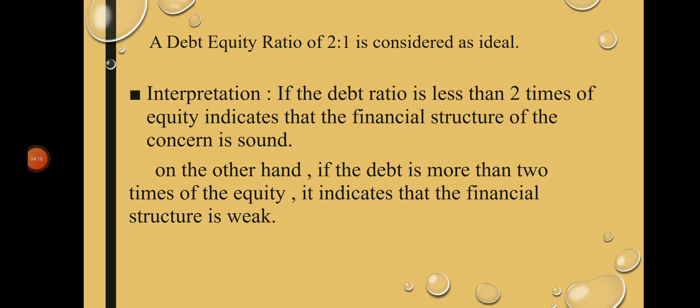Then only the financial structure of the concern is considered as sound, which means equity capital or the shareholders fund should be more than the debt of the business firm. Okay, on the other hand, if the debt is more than 2 times of equity, it indicates that the financial structure is weak.